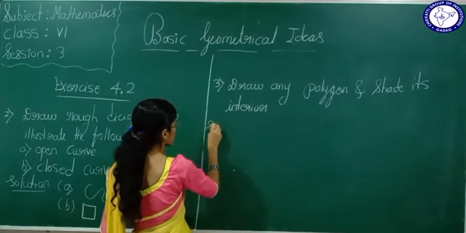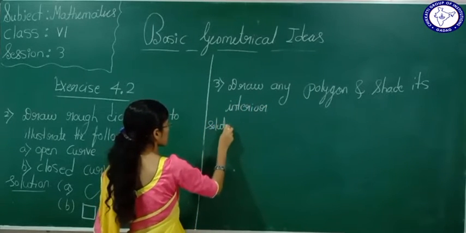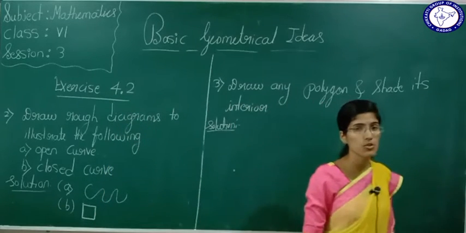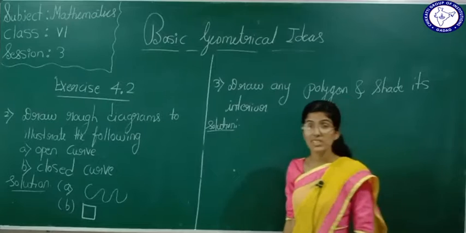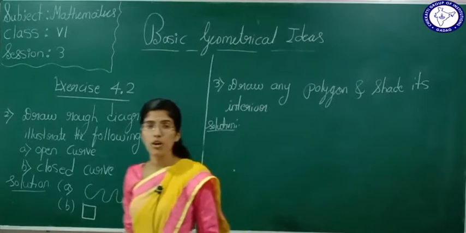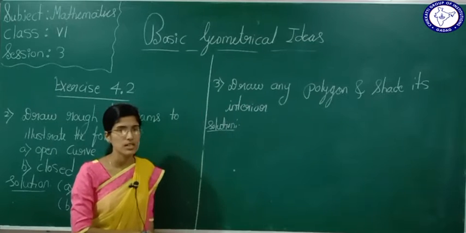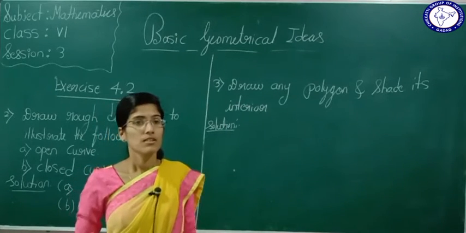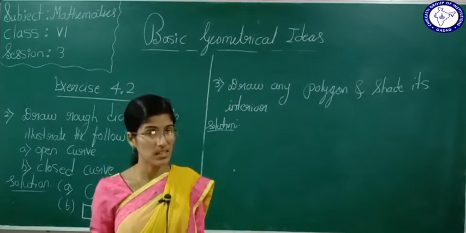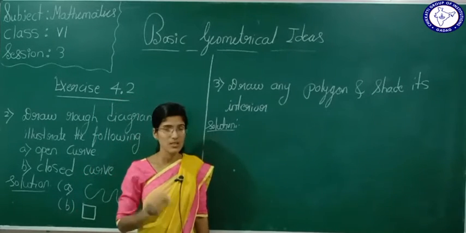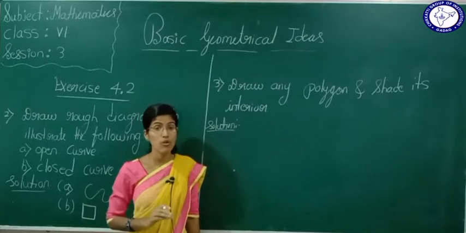So what is a polygon, students? A simple closed curve made up of line segments is called a polygon. Yes or no? We learnt this in your last class. What is the meaning of polygon? Any simple closed curve made up of line segments.